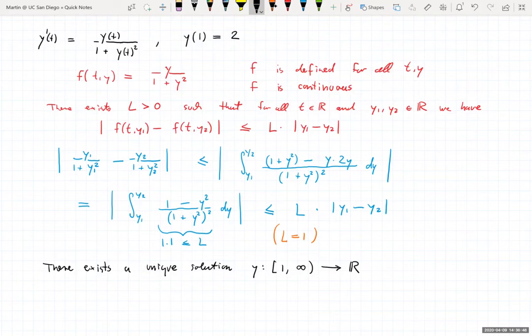A unique solution y, which is defined for all times from 1 to infinity, and this solves the initial value problem. And again, instead of 1, I could also choose initial time 3 or initial time -5. That really doesn't matter.